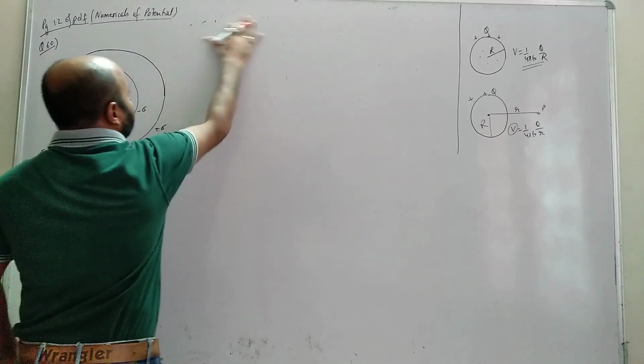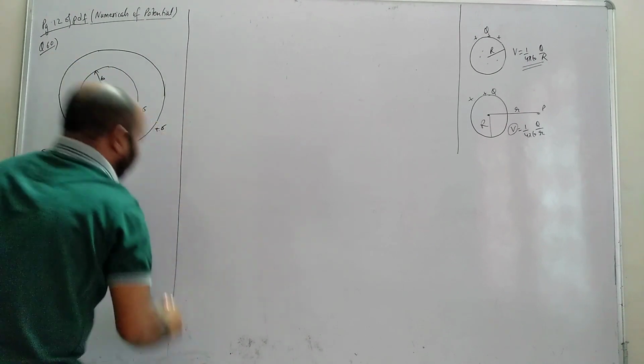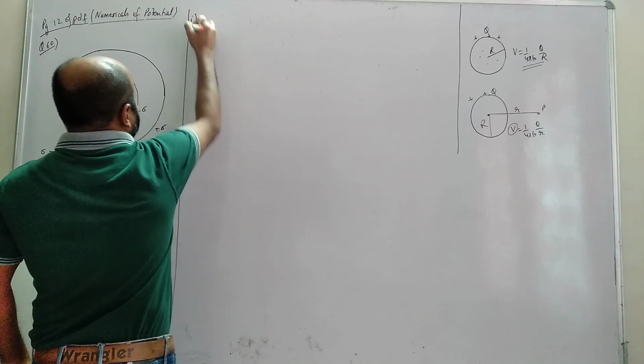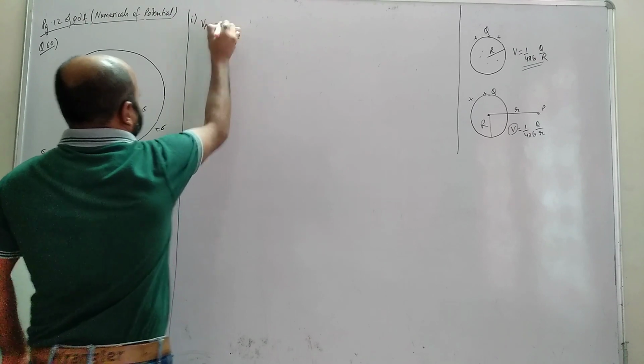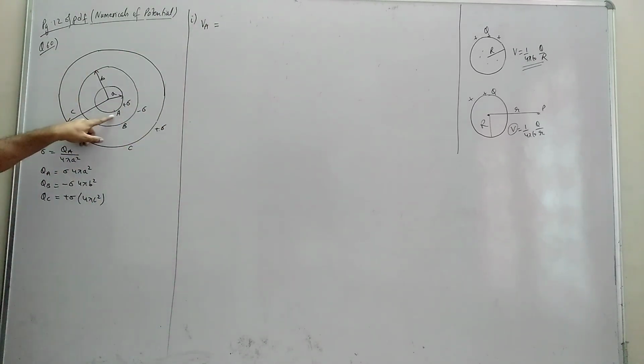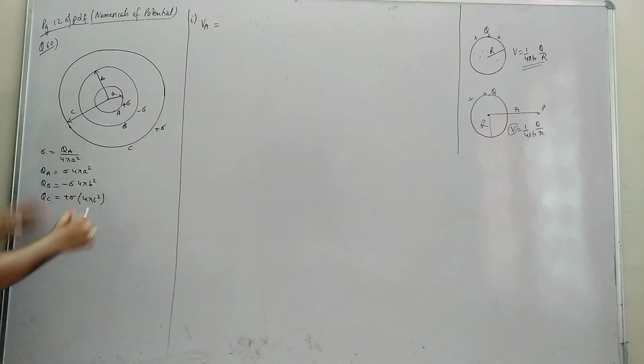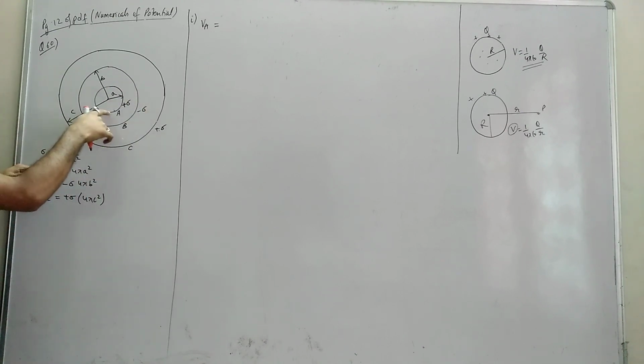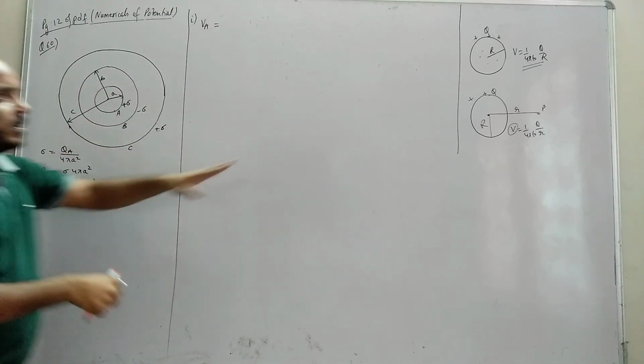Now we will work with the potential values one by one. The first question, potential at A. Now try to understand very nicely. How much will the potential be at A? There is charge on A, right? How much charge? QA. So because of QA, it has its own potential on the surface.